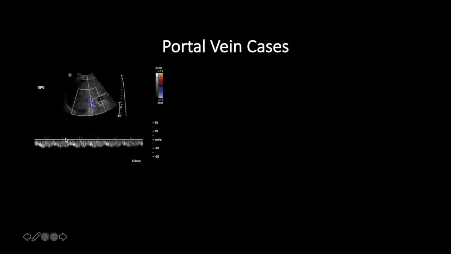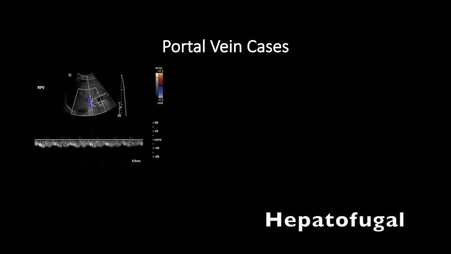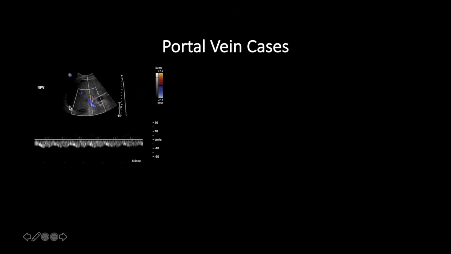So this is all retrograde flow, or flow in the wrong direction. This is hepatofugal flow, not hepatopetal, not pedaling towards the liver, but hepatofugal flow, or away from the liver. Okay, and so this is an example of, as we showed earlier, portal hypertension.